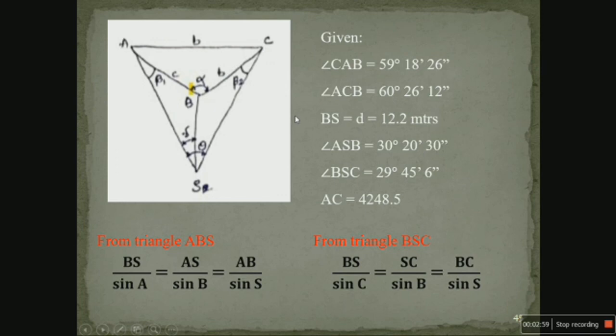So just observe triangle ABC here. We know these two angles, angle A and angle C, so we can easily calculate this angle. If you know all three angles, you can easily calculate the length of this side and the length of this side by applying the sine rule, because we know the length of this side.